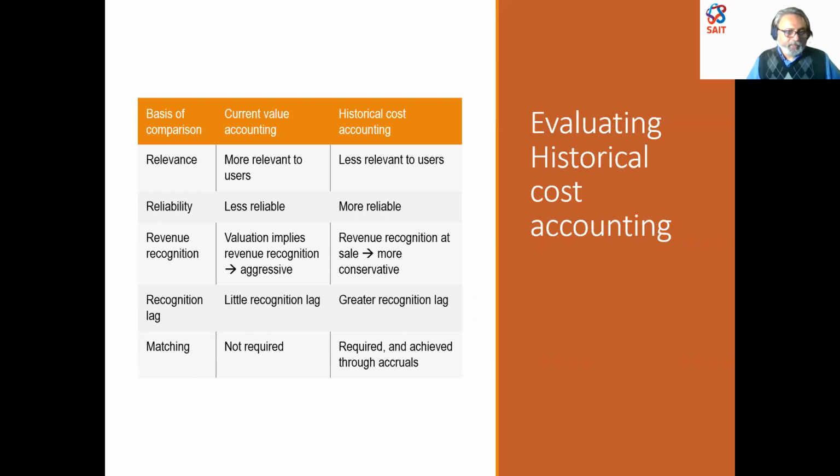There is no lag with recognition. There's no need for any kind of matching of expenses to revenues if you're following current value accounting, whereas historical cost accounting requires that matching be achieved for numbers.